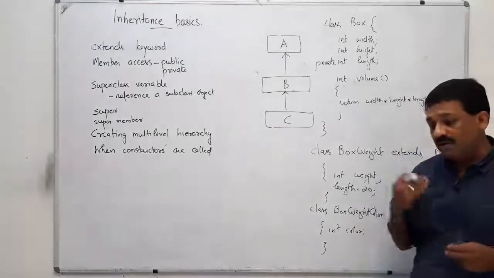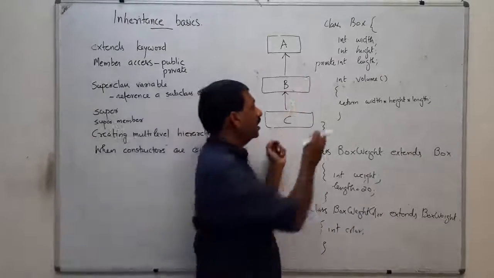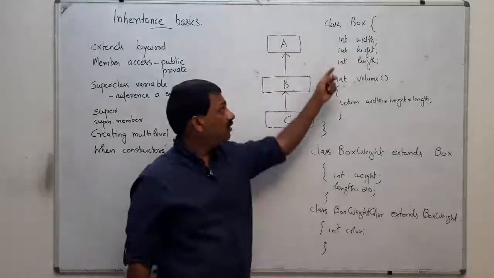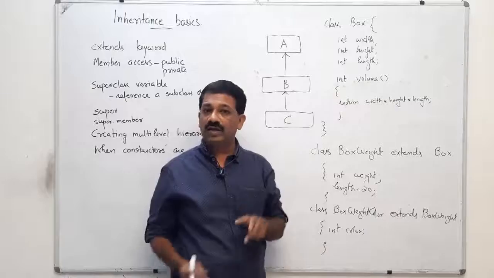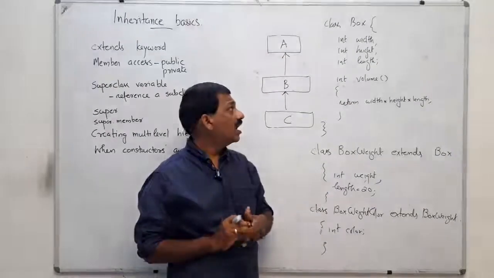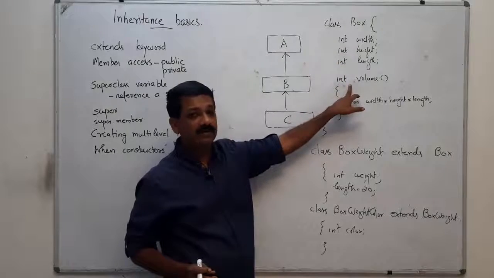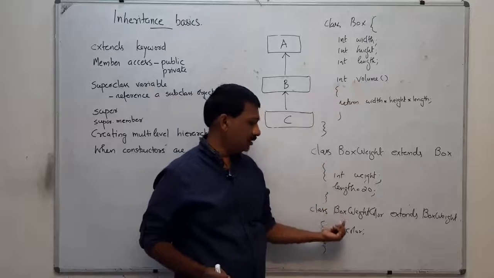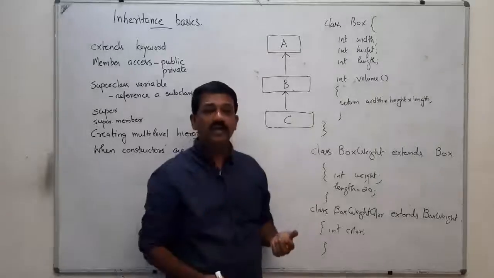Okay. If you don't have any access qualifier, then what will happen? All of this will be treated as public. That means default is public. These are all public variables, and this is a public method, and all of this can be accessed from anywhere, from the subclass or from subclasses at any level.